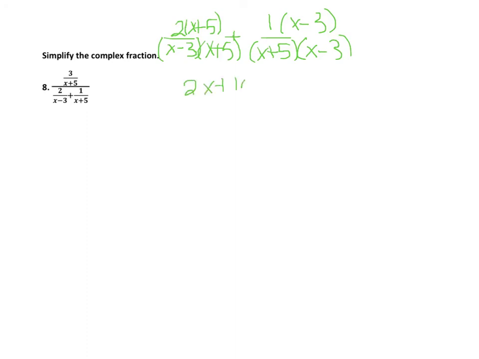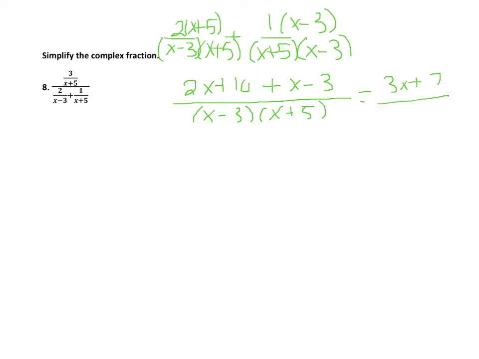So I would get 2x plus 10 plus x minus 3 over x minus 3, x plus 5. That would equal 3x plus 7 over x minus 3, x plus 5.